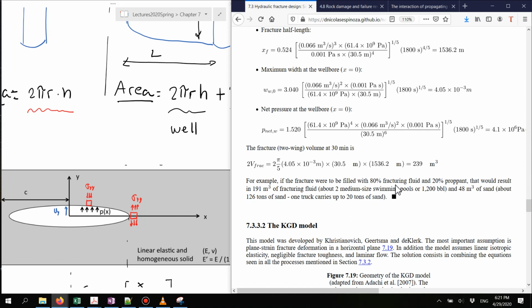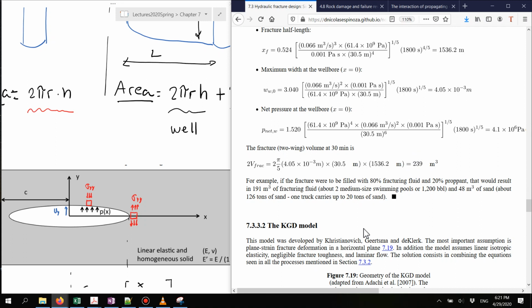Notice that for this particular solution, we need about 2 medium-sized swimming pools in order to fill the volume of this fracture, and also we need about 6 big trucks of proppant in order to fill up this entire fracture.